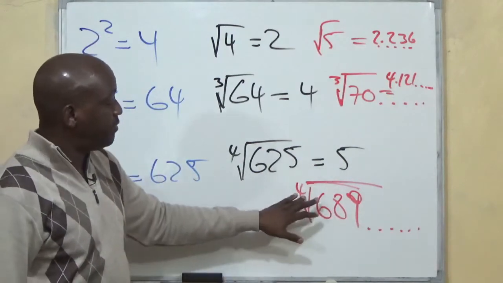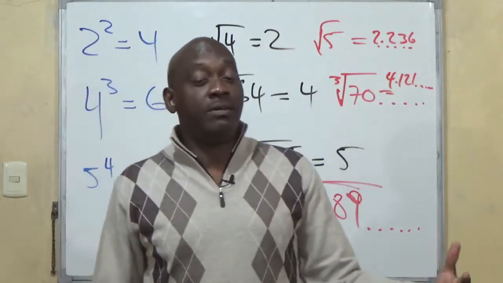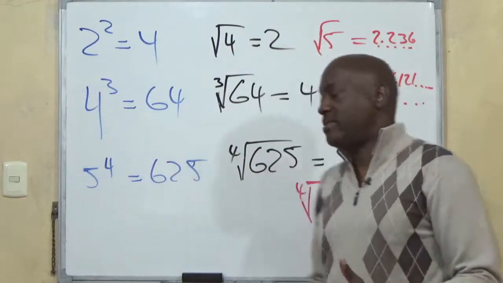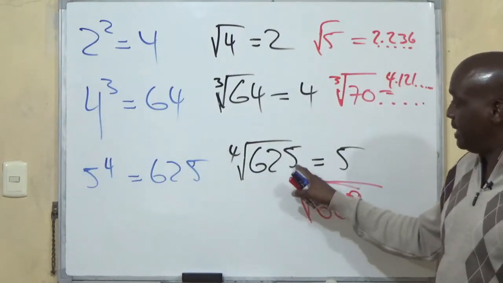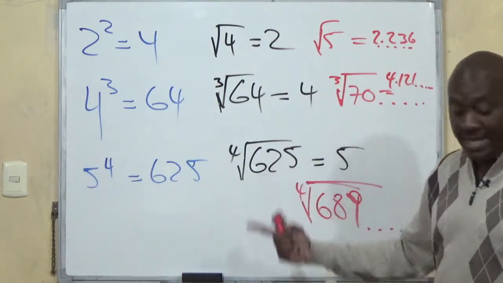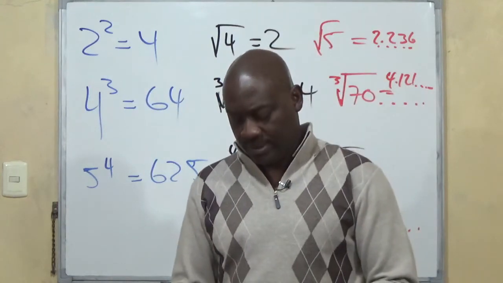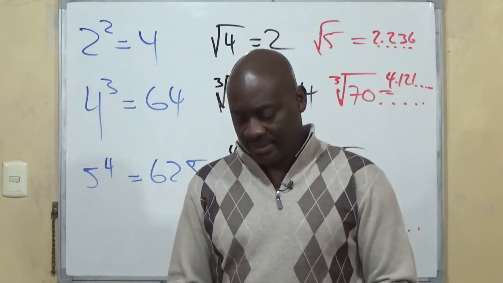We now want to find the fourth root of 689. We show that the fourth root of 689 will not be an integer because the closest integer is 5, and the number that will give you a perfect fourth root is 625. The next number in that sequence would be what? 6 to the power of 4, and the answer for that is 1296.